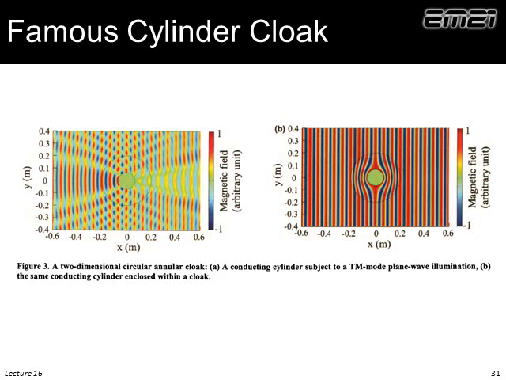The famous cloak was a cylinder cloak, and it obscured some object in the middle. Think about what has to happen here. We have a wave in air that travels past the object, but another portion of the wave enters our cloak region, has to come around, and then back out again. It has traveled a farther distance than the portion of the wave up here.